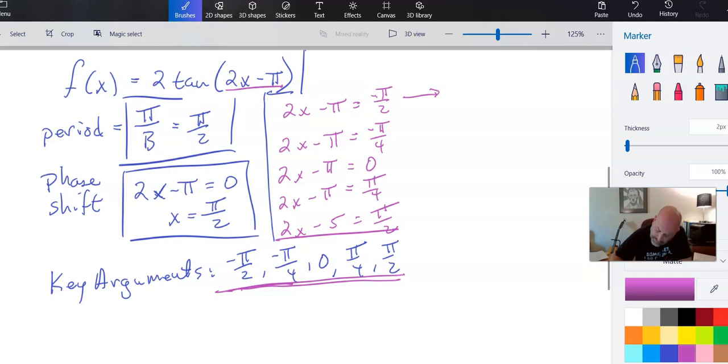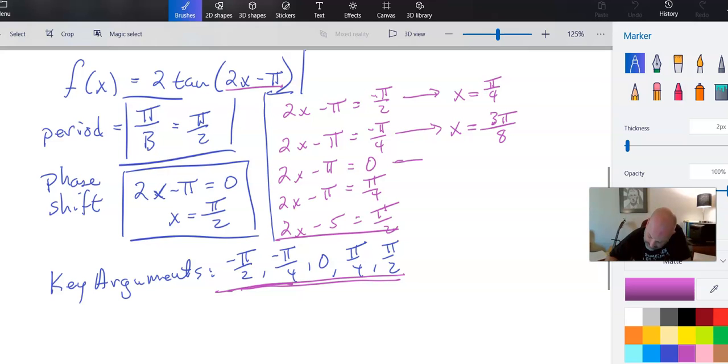So this one, if I go ahead and add that over, that should give me x is equal to pi over 4. Okay. This one, if I add that over, that ends up being, let's see here, if I add pi, that gives me 3 pi over 4, so that gives me 3 pi over 8. Yeah.